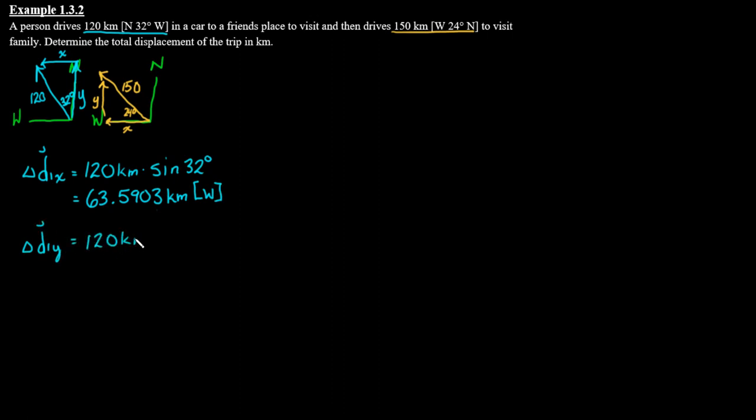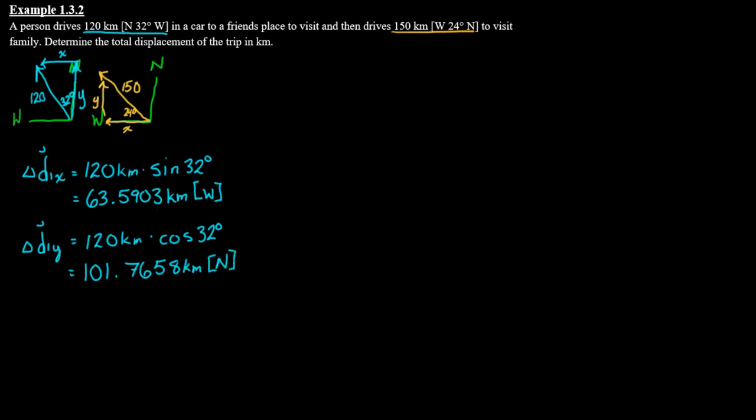So we have 120 kilometers times the cos of 32 degrees, and for this one I get 101.7658 kilometers, and that component is in the north direction.